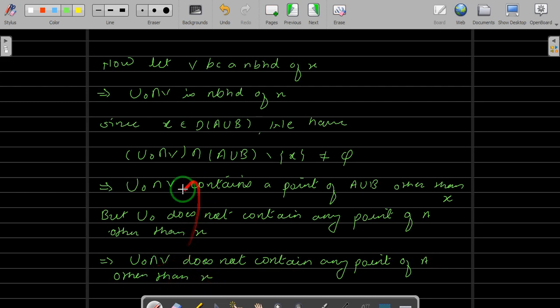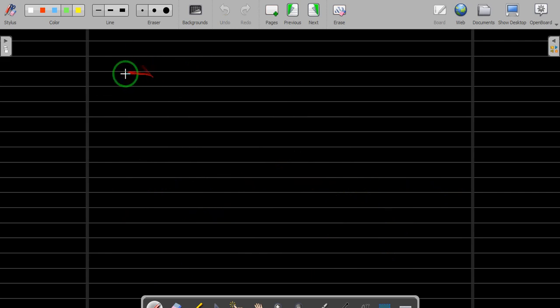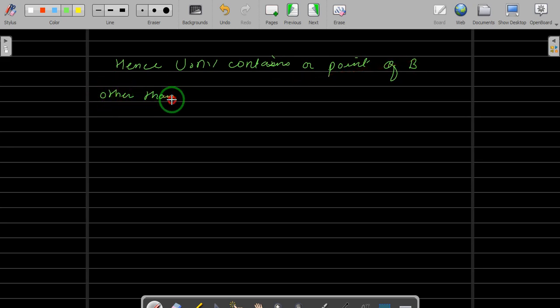Now what we said, u naught intersection V contains a point of A union B other than x, but we know that u naught intersection V does not contain a point of A other than x. So obviously it will contain a point of B other than x, right? And hence u naught intersection V contains a point of B other than x.